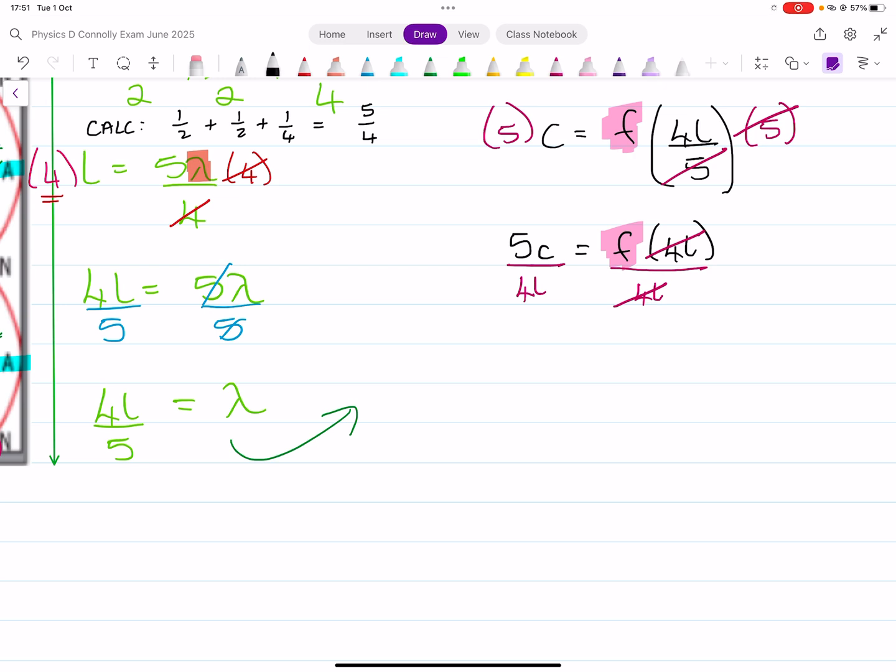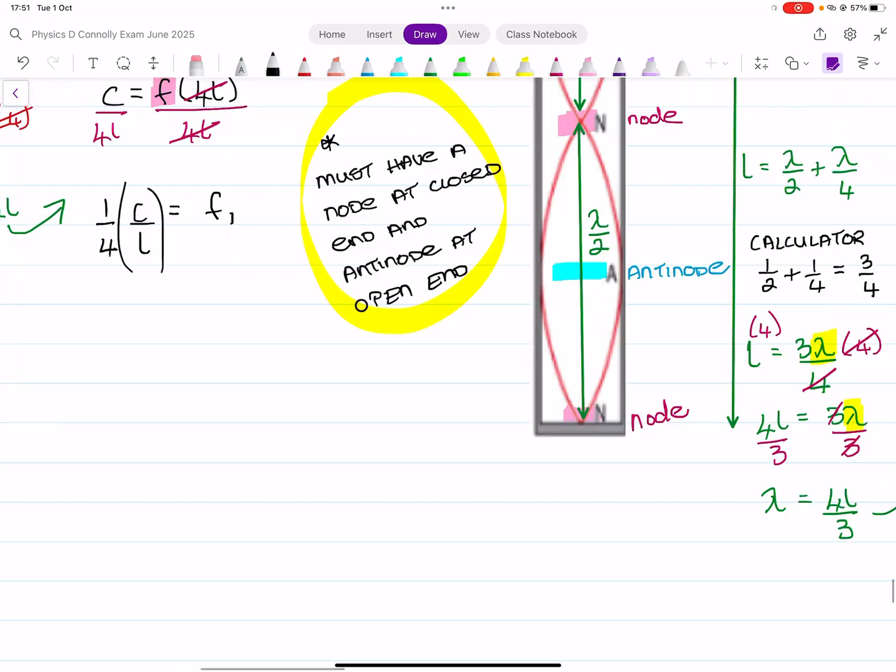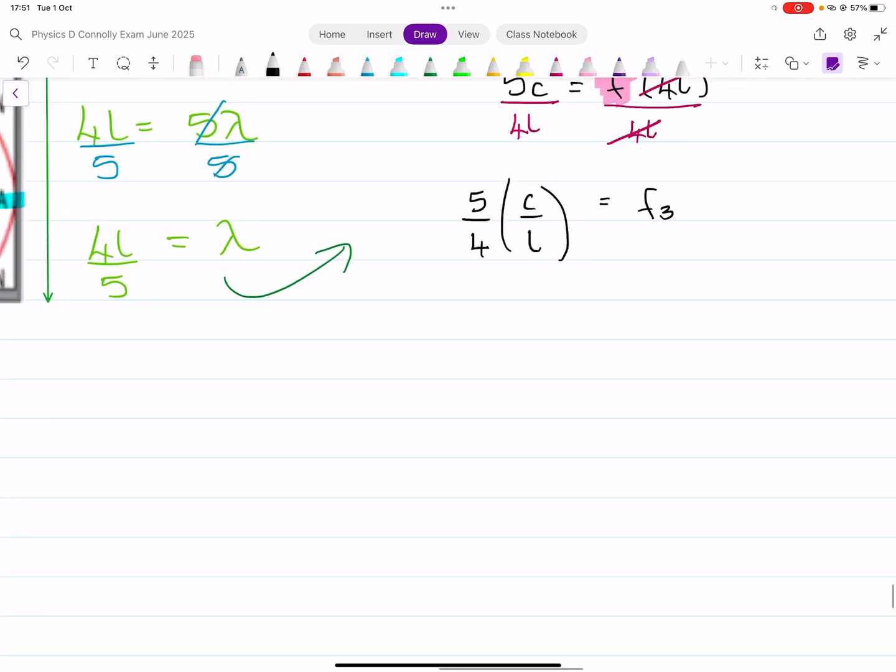Now, I'm on the third harmonic, so we call this F3, and that is 5/4 of C over L. Yeah? So if you remember, the first one was 1/4 of C over L. So the third harmonic is 5 times the first harmonic.